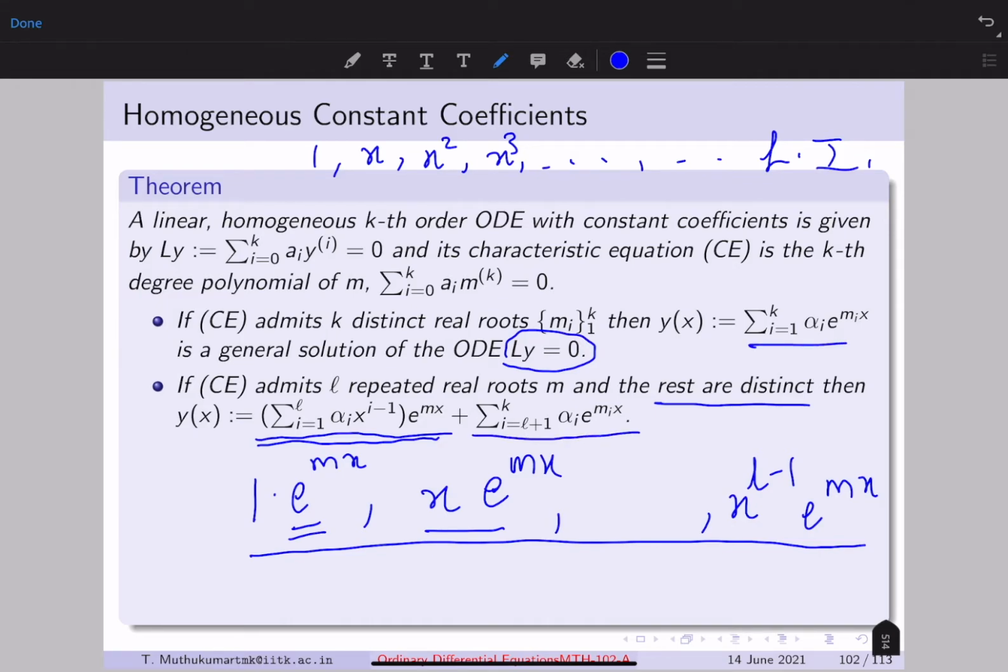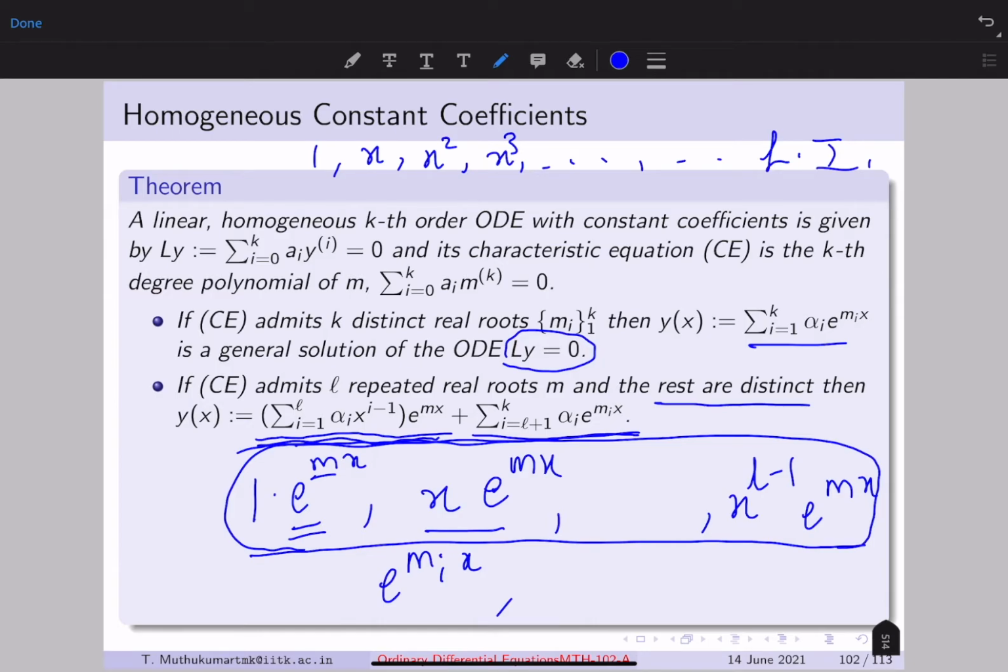So totally, this is a linear combination of k linearly independent functions. What are the k linearly independent functions? All the distinct roots give you e power mix, and all the repeated roots give you these.